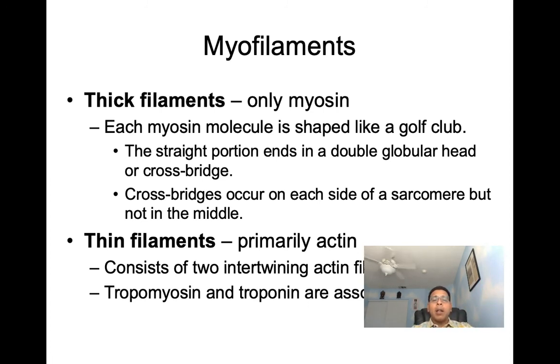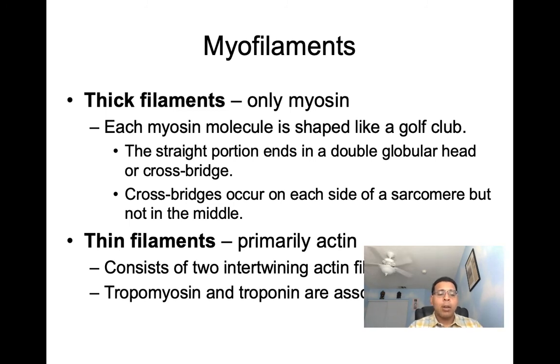And it's going to be held in place by this protein called troponin. Now, when calcium comes into the picture, calcium comes in and it binds with troponin, and that troponin then moves tropomyosin off of the binding sites, exposing the binding sites, allowing for contraction to occur. But we'll look at all of that then as we progress.